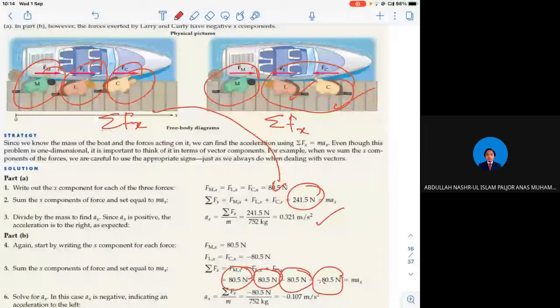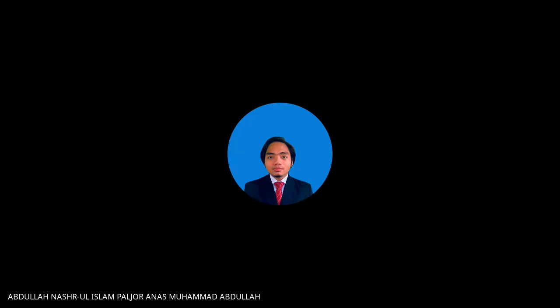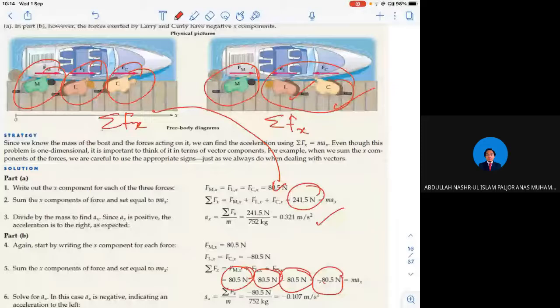Don't forget the negative, because our acceleration should be negative. The summation of Fx is equivalent to negative 80.5 Newton. Alright, so then the acceleration should be negative 0.107 meter per second squared.